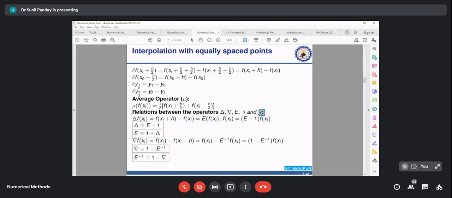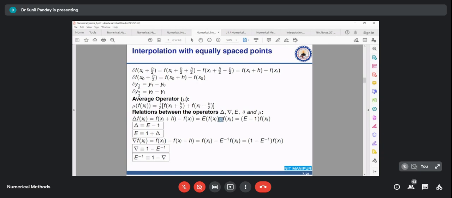So we know that from the definition of delta, delta of f of xi is equal to f of xi plus h minus f of xi. But from the definition of the shift operator, f of xi plus h is equal to E f of xi. This is actually minus, not underscore.